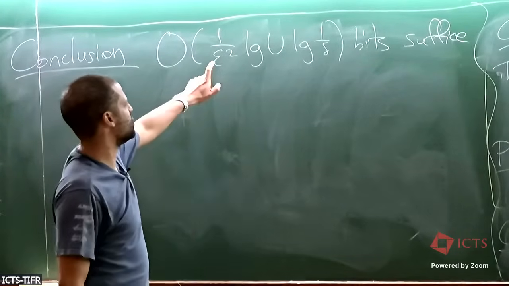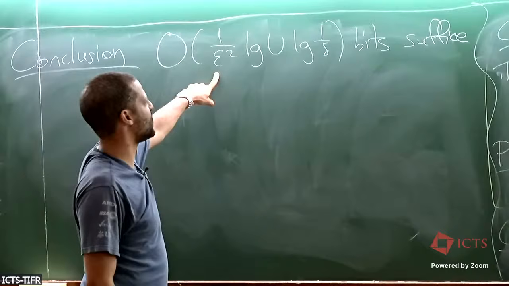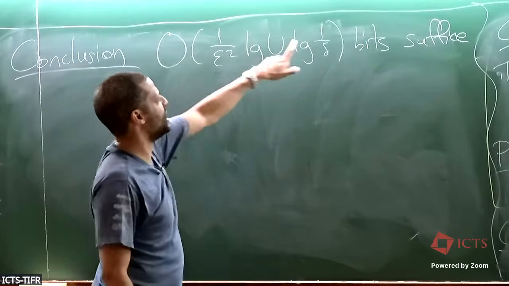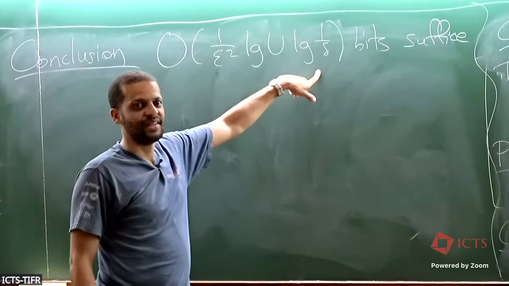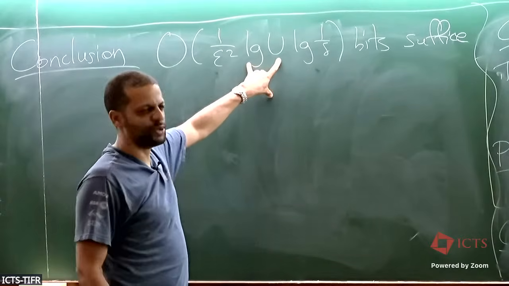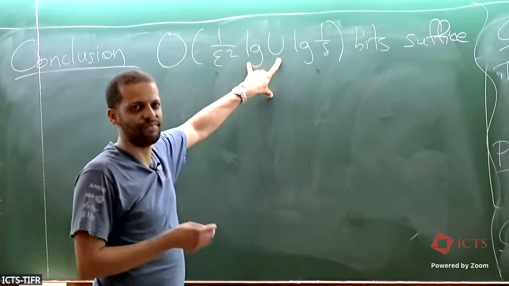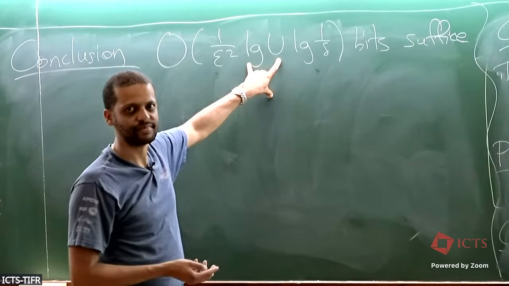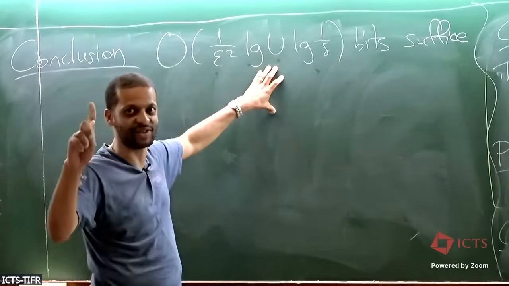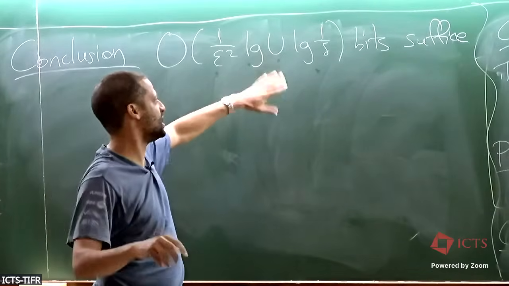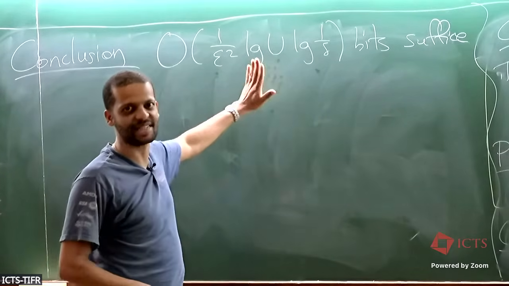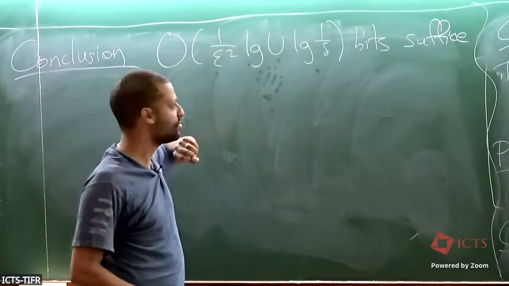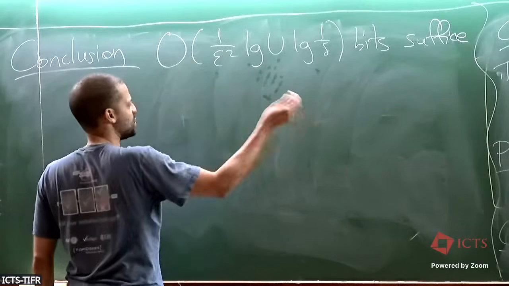Because you stored the d smallest hash values, you repeated log 1 over delta times, and then you need to store things in finite precision. I didn't go into the details, but that's another log u bits. And then on top of this, you have to store one hash function that's 2-wise independent. That's only an additive log u bits anyway, so that's dominated by all this stuff.